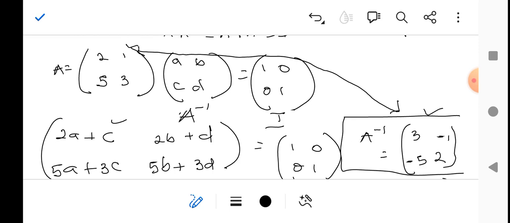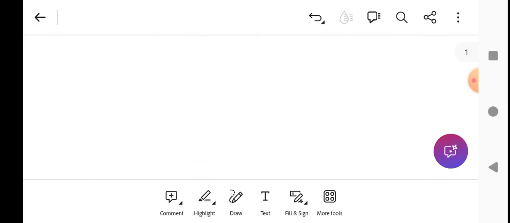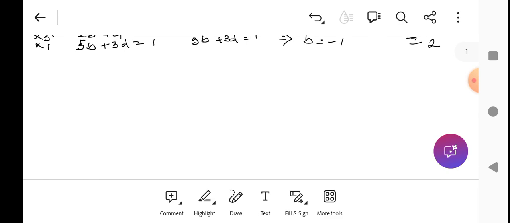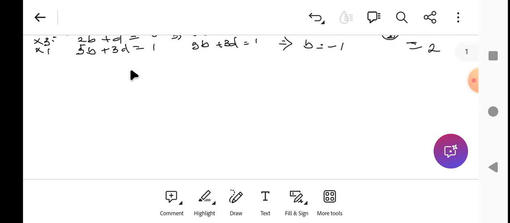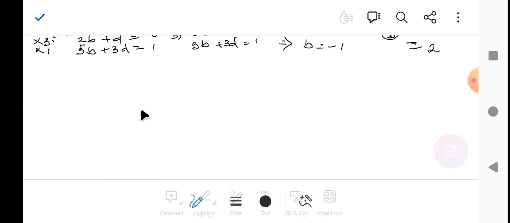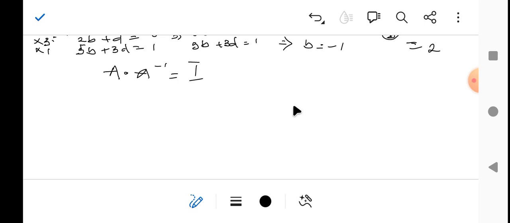So let's do a quick check and see if we are actually accurate. So you can always check. How can I check? It's very simple. I can multiply matrix A with A inverse, right? I'm going to get the identity matrix. So let's check.